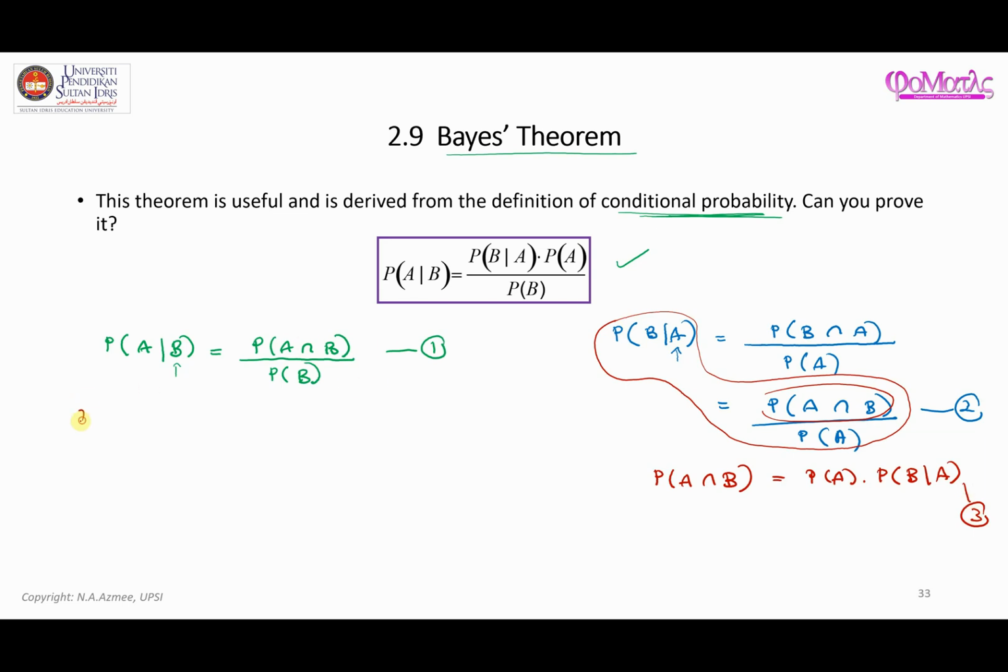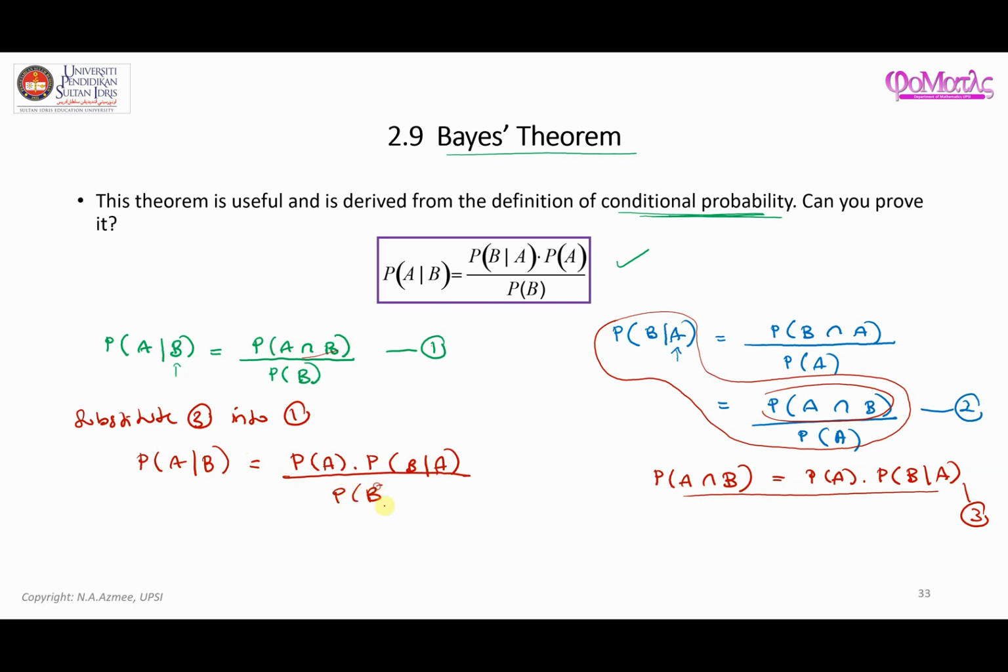So we substitute the result into equation 1. Therefore, the probability of A given B is equal to P(B given A) times P(A), with P(B) at the bottom. And this is how we got the formula given here.